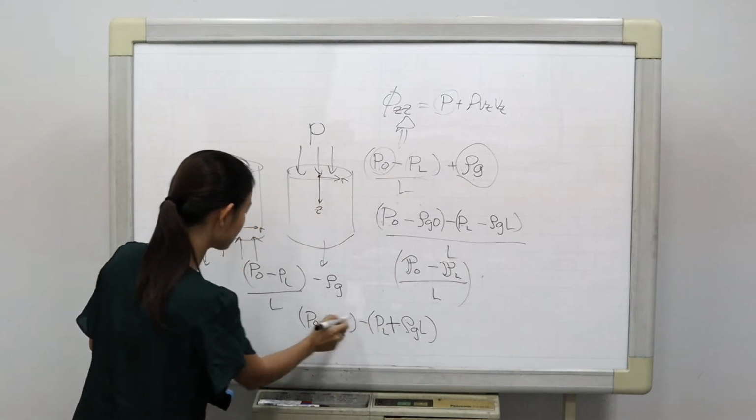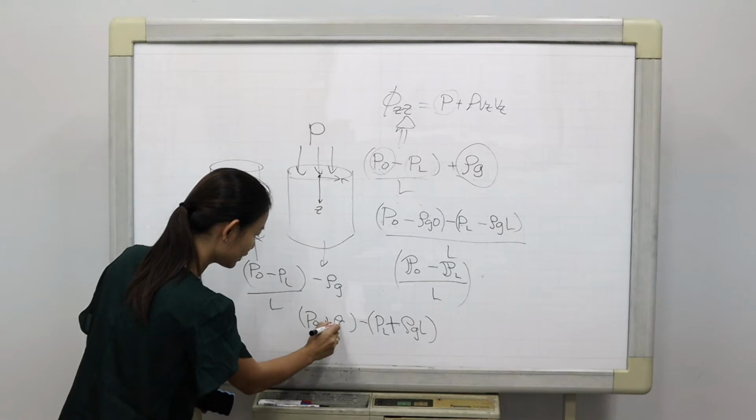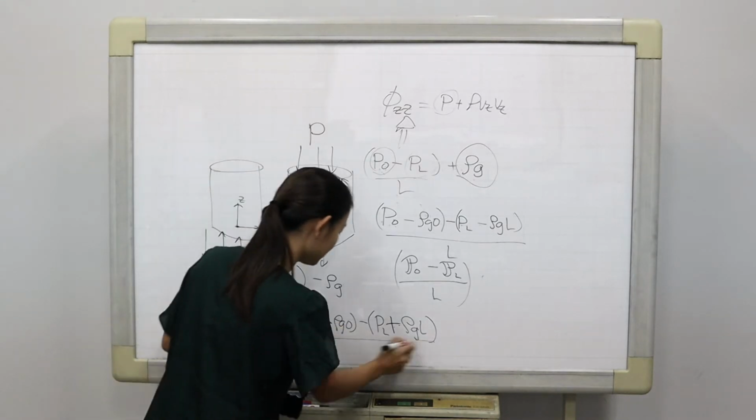Positive times minus will give you minus. Put positive as well here, and this one rho g0 divided by L.